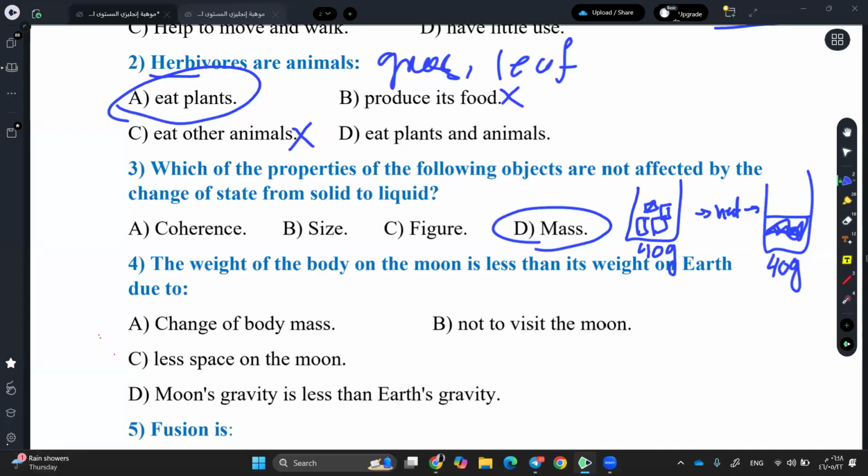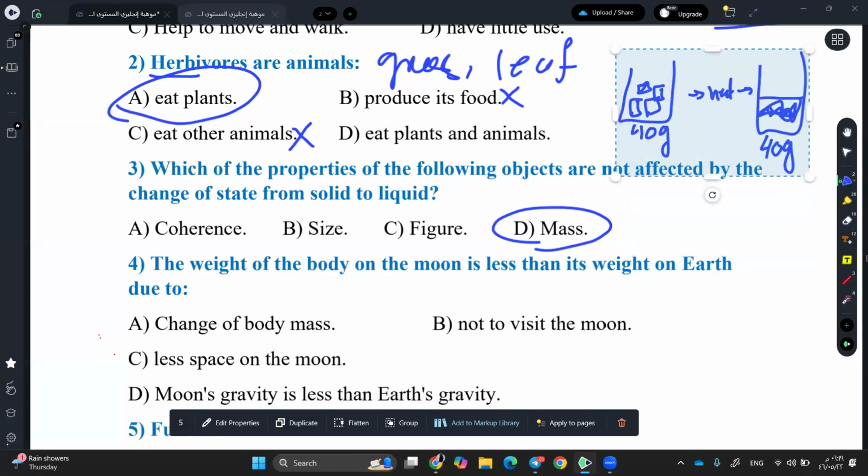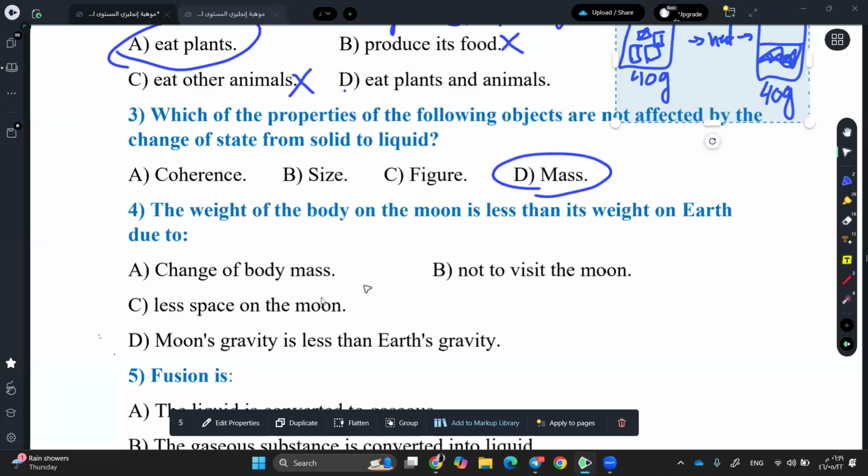Okay, so all of you understand. Shall I move, or do you want me to explain it again? Okay, yeah, let's move to question number 4.